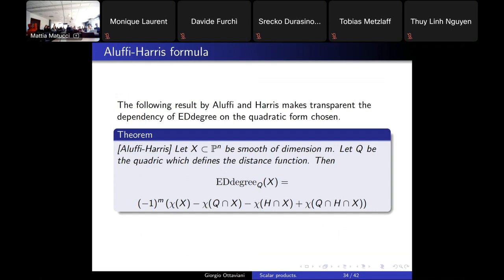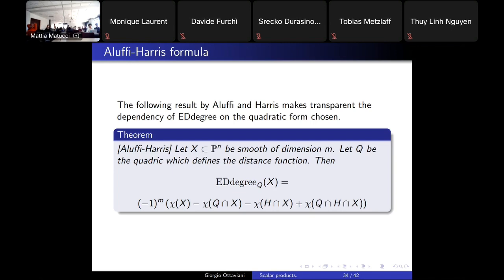Okay, now before giving the combinatorics, I want to show you this paper, which is nice. It is shown here for a reason: more or less a few years after, Aluffi and Harris solved the same problem, and in a more general setting, they gave a topological formula to compute the ED degree.